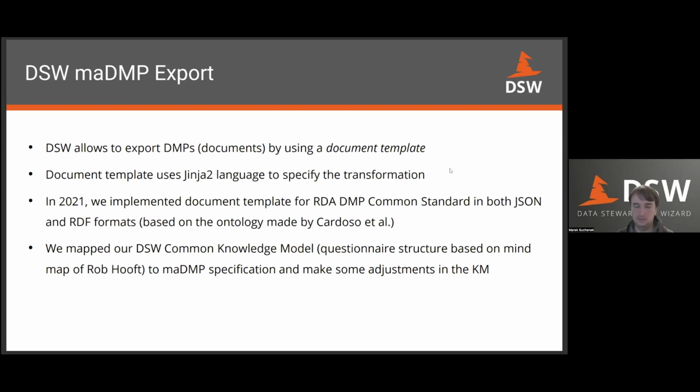Because in DSW, we are able to easily configure, not directly in the code base, but in the knowledge models, something that you can edit directly as content. You can configure integrations, and we added, for example, Research Organization Registry integration for affiliations, Crossref for funders, and what we had before is integration with FAIRsharing for reused data sets.